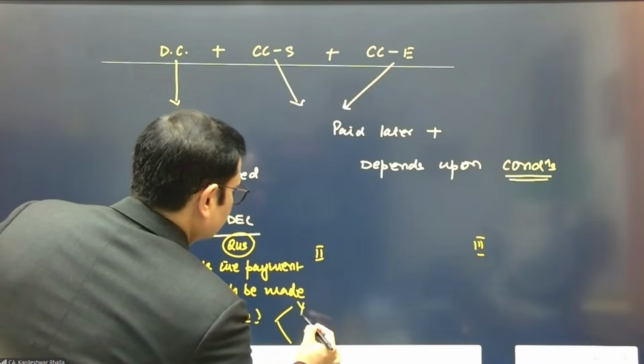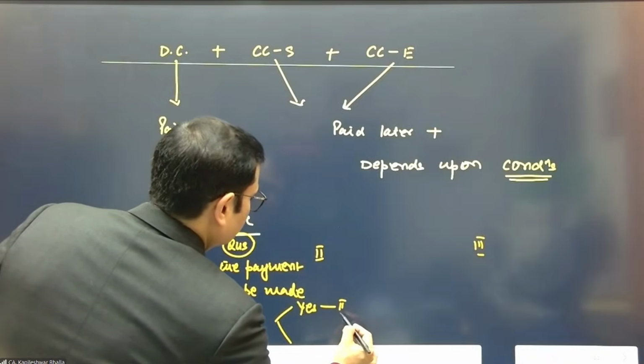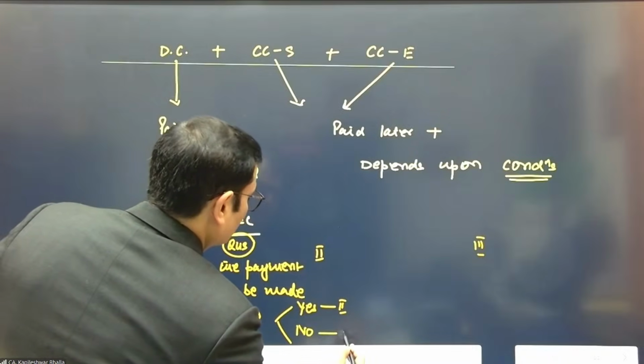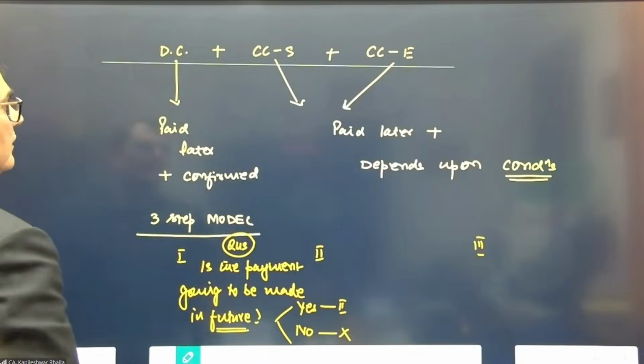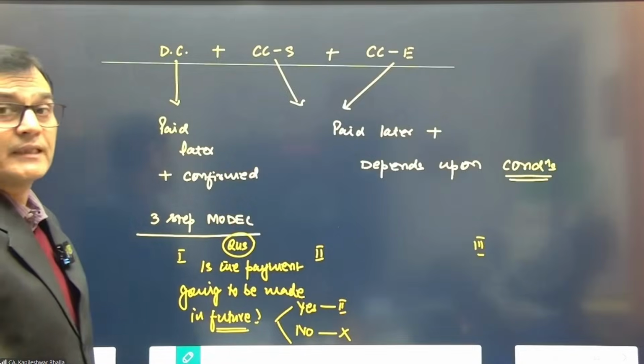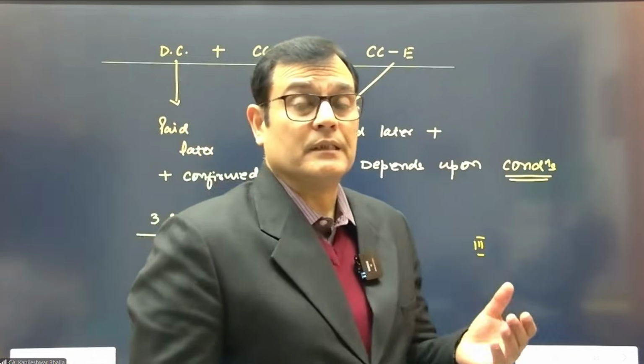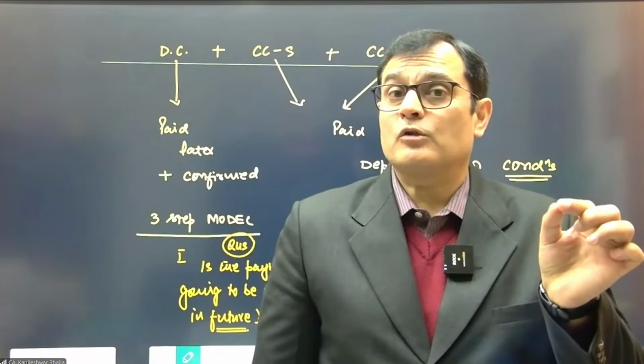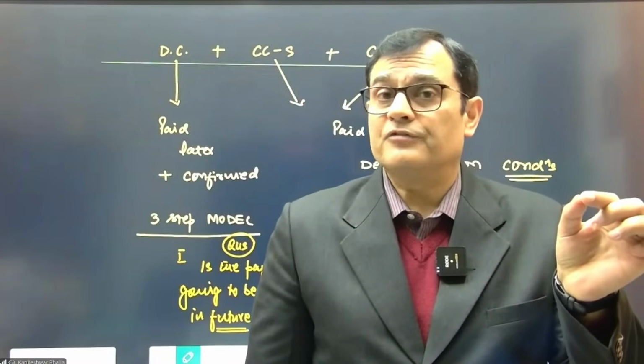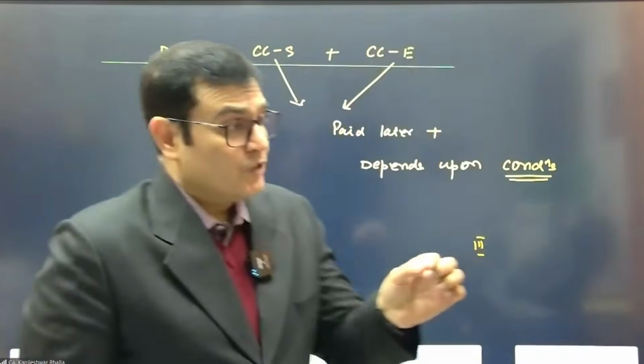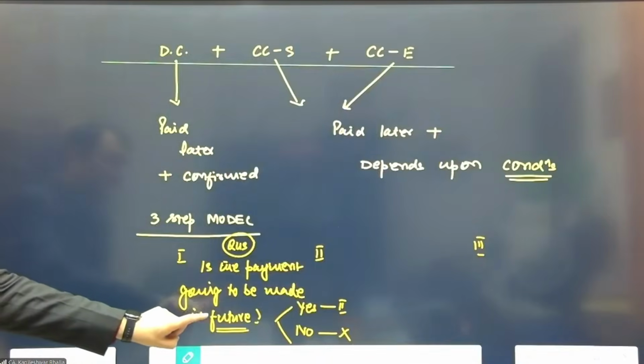If your answer is yes, you'll go to step number 2. If the answer is no, then it's neither DC nor CC, because if the payment is not to be given in the future, it's not deferred, it's not contingent. So you need to first of all see that the payment is going to be made at a future date.